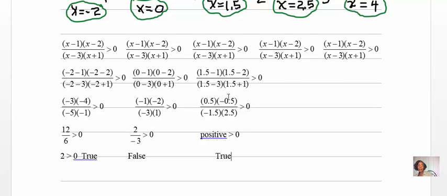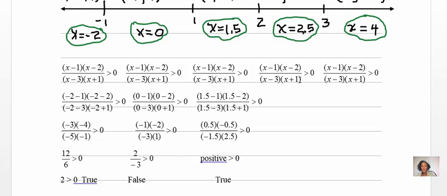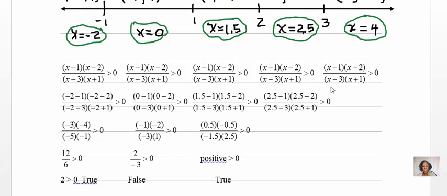And we continue down the line, replacing the test number. Our next test number is 2.5. So we replace all x's with 2.5, and we wind up with a positive in the numerator over a negative in the denominator. A positive divided by a negative is negative. So our question boils down to, is a negative number bigger than 0? And we know that's false.